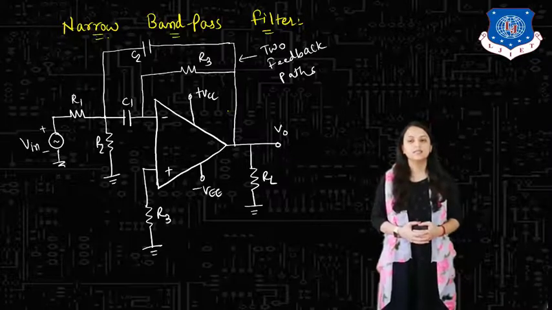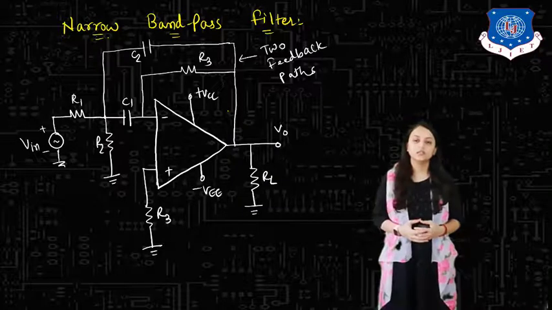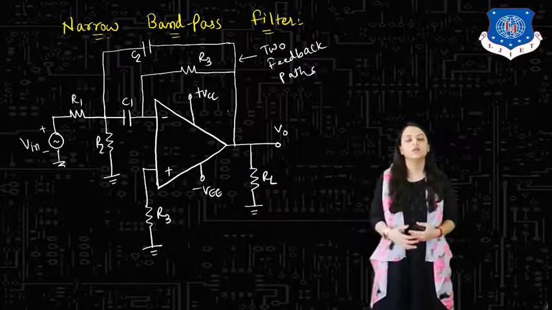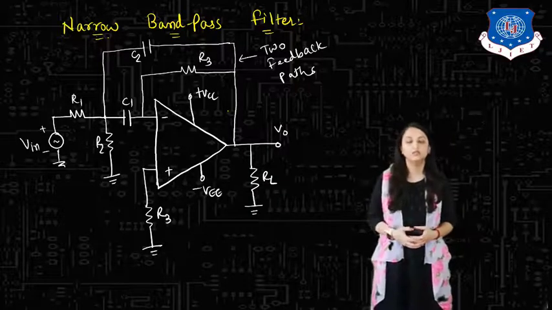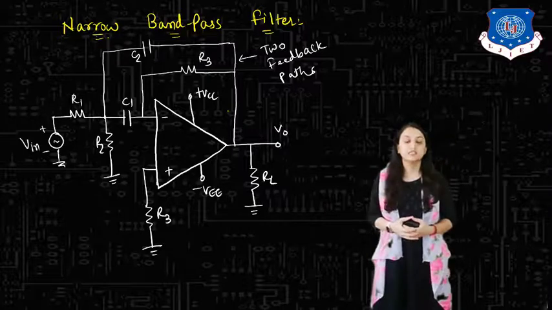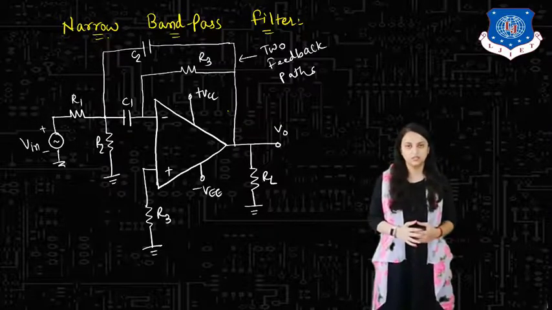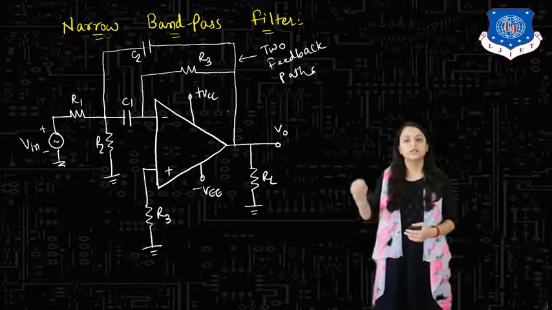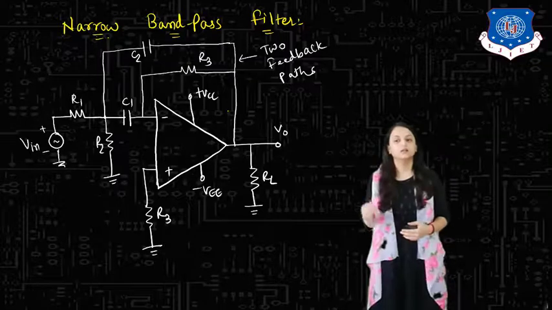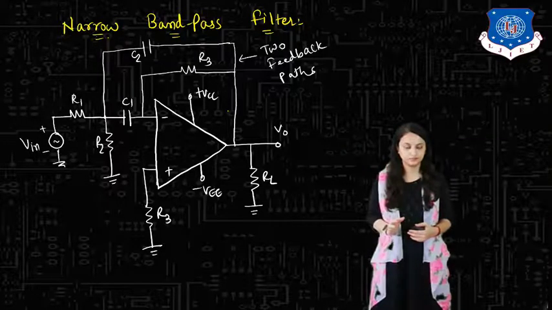Now let us see the next, narrow band pass filter. We have seen the wide band pass filter for a wider range of frequencies. Now we are going to see the narrow band pass filter, for which the circuit diagram is shown here. The supply is given to the inverting terminal, that means the negative terminal of the op-amp, where R1, R2, C1, C2, R3 are connected.